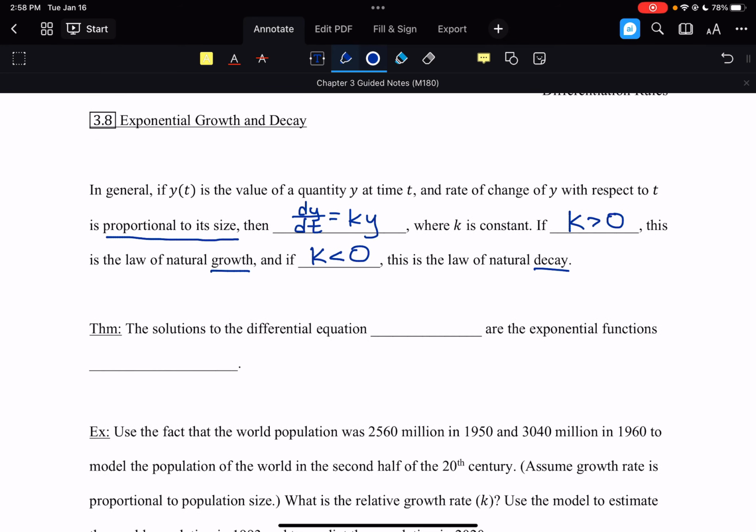Now for this first theorem here, it says the solutions to the differential equation dy/dt equals k times y are the exponential functions y of t equals y of 0 times e to the kt.